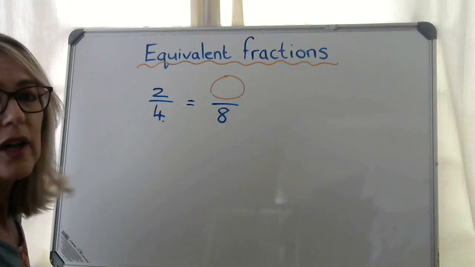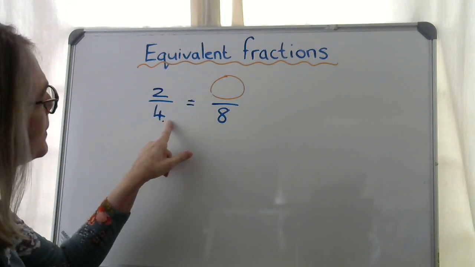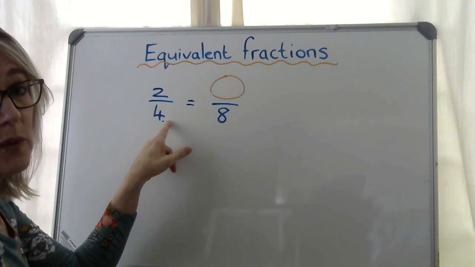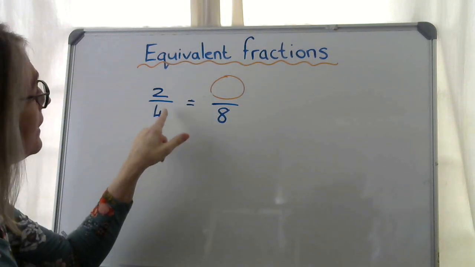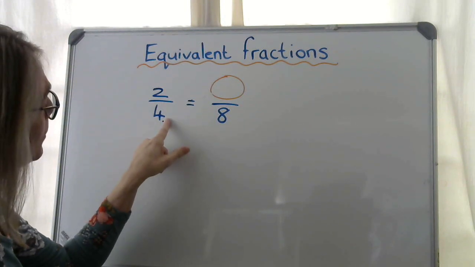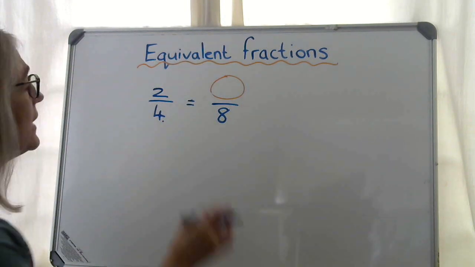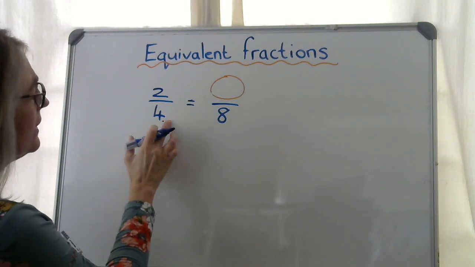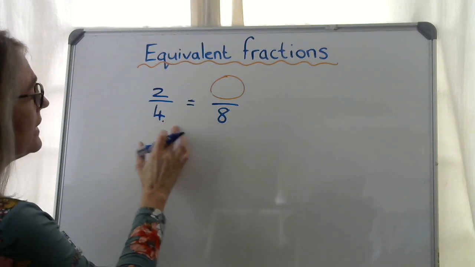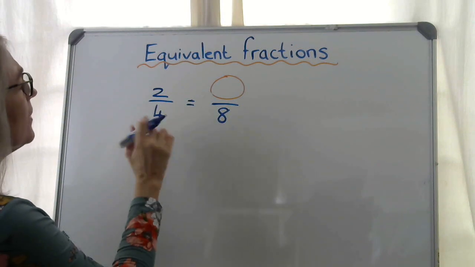Now you've got to work out whether I must times or divide. When we work with equivalent fractions, we either times or divide to get the other side. So a quick tip: if the number is getting bigger, your denominator is getting bigger, then you're going to times.